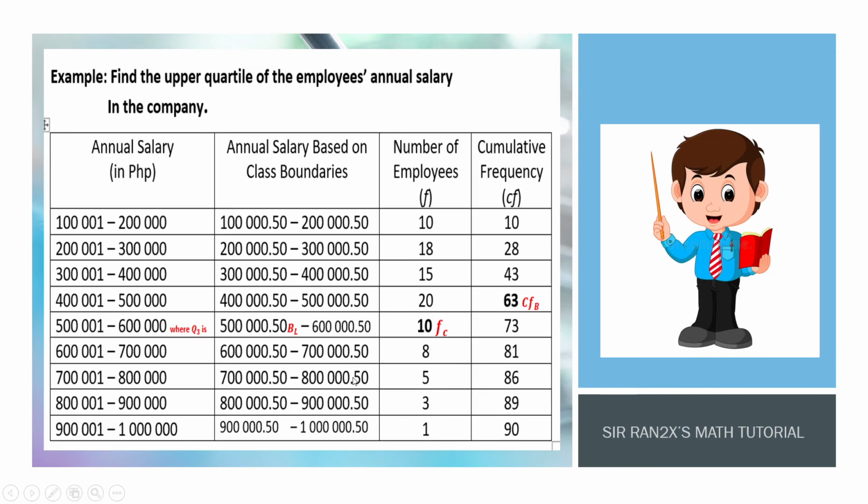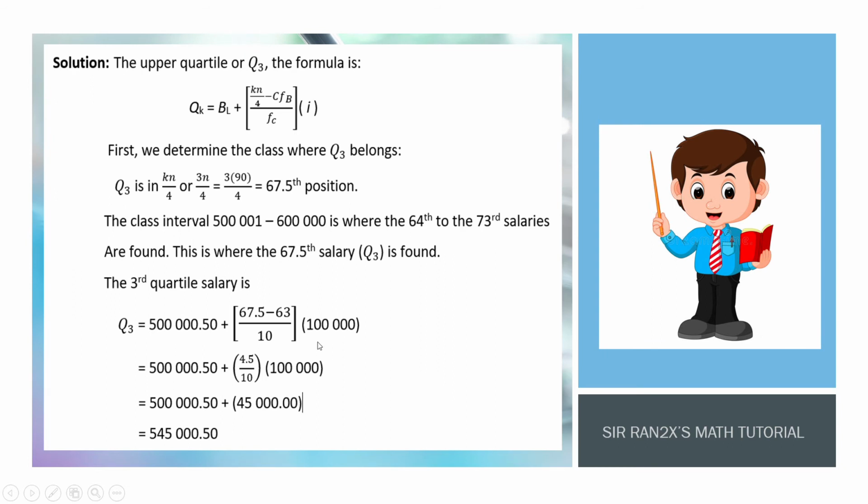Where do we base that again? The i is the constant class size, the interval. What is the interval between 100,001 to 200,000? Obviously 100,000, and it is the same in all class intervals. Now all you need is to simplify. Copy first 500,000.50 plus 4.5 over 10 times 100,000.